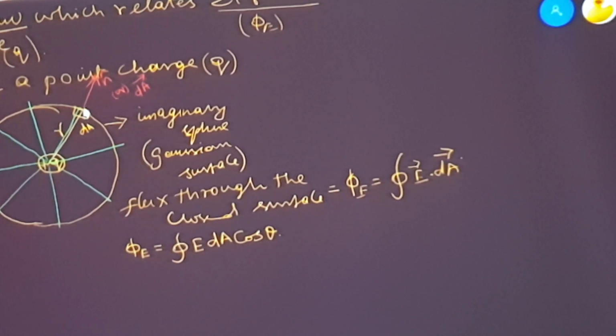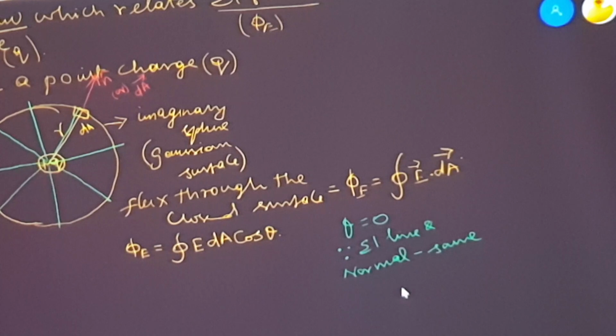So the angle theta is equal to 0, since the electrical line and the normal drawn are both along the same straight line, or parallel. Then I can say cos theta is equal to 1.